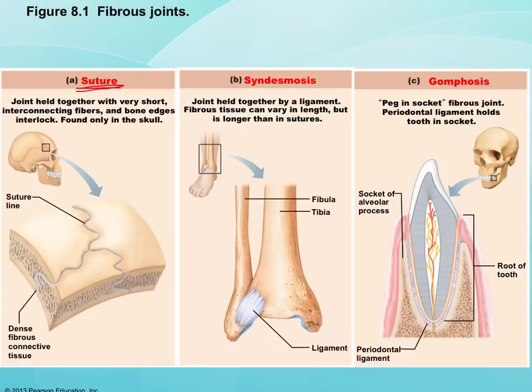Sutures can only be found in the skull. They are synarthrosis by function, and by structure, they are one type of fibrous joint. The second fibrous joint is a syndesmosis. The syndesmosis uses a longer fiber.